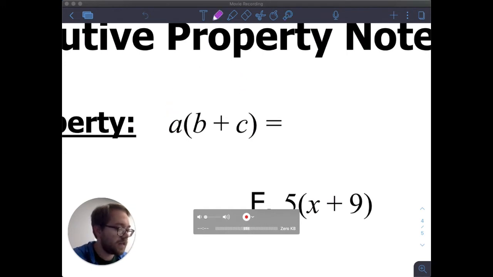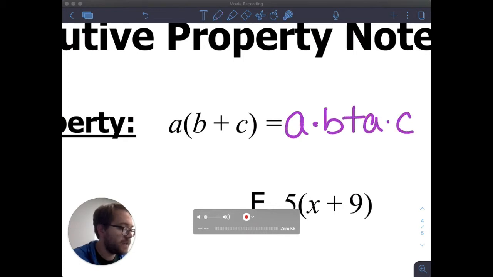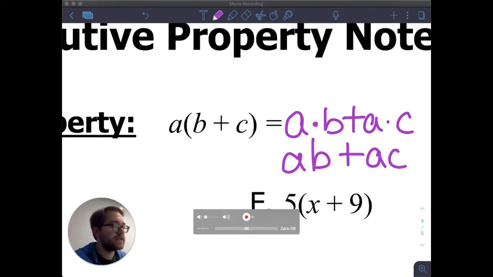I can write that as A times B plus A times C. So notice how A got multiplied with B and A got multiplied with C. I can also write it without the multiplication symbols and just write it AB plus AC.